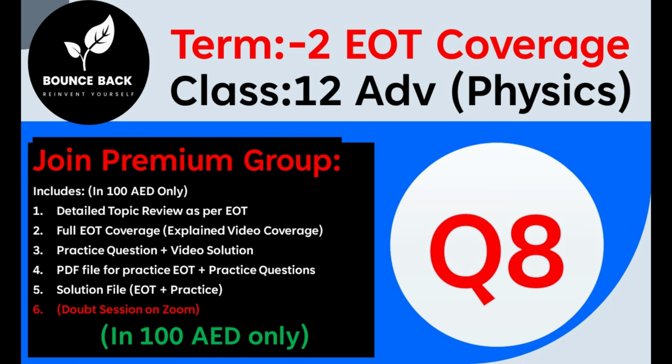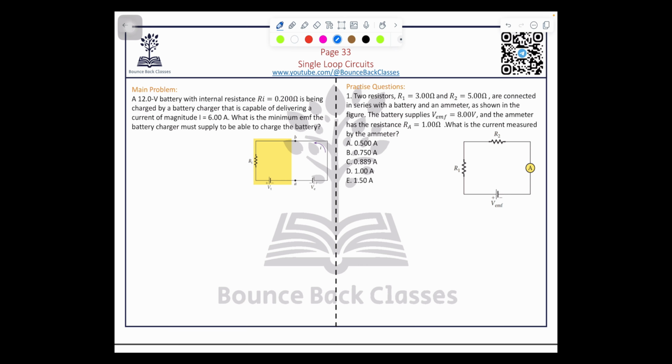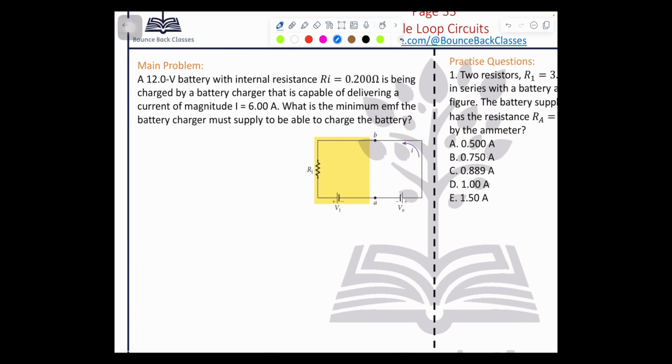Okay, now that is the main question, as per the loop rules. A 12-volt battery is given with internal resistance Ri, 0.2 ohm, and is being charged by a battery charger.